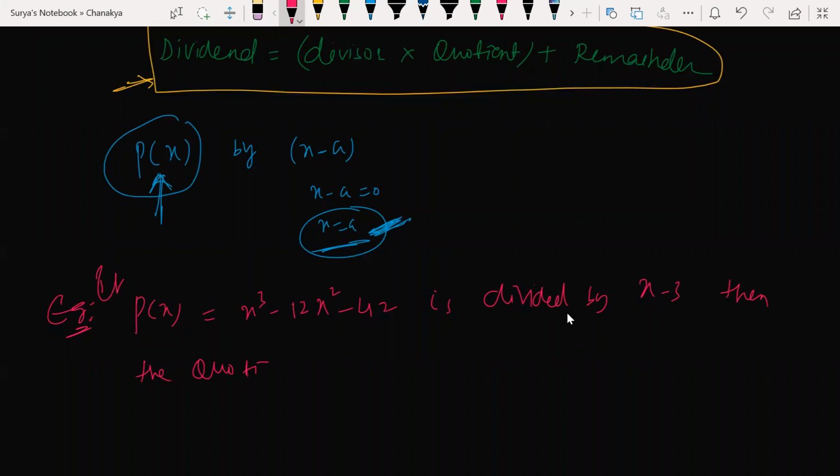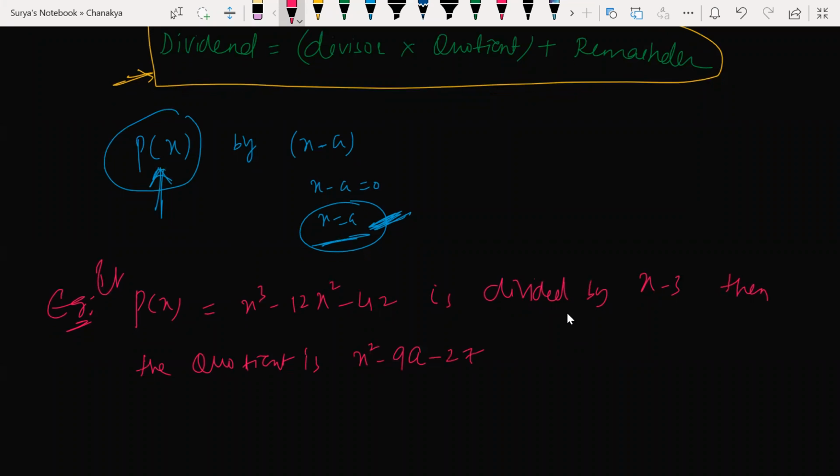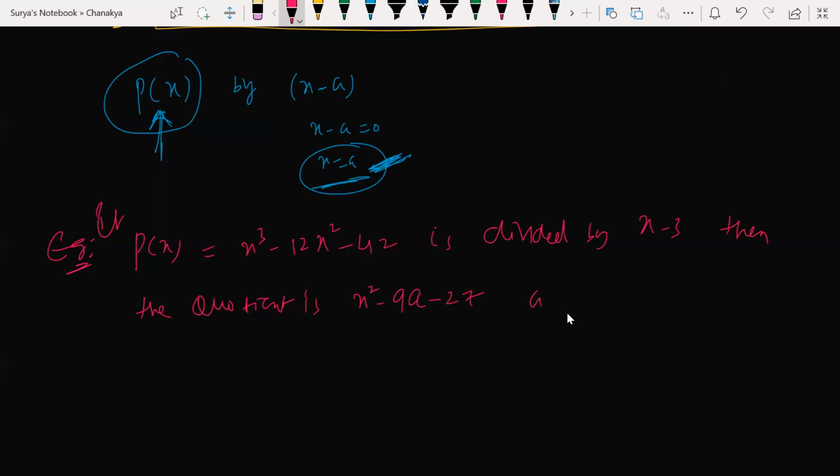We can find it by dividing. Let me tell you directly: x square minus 9x minus 27. You divide it, you will get the same thing. And the remainder is going to be minus 123 for sure.